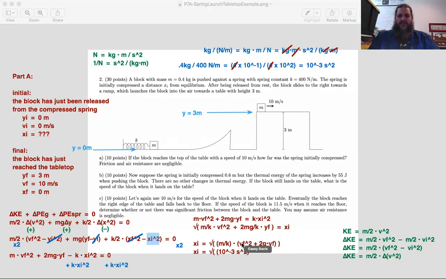What value can we use for V final here? Yeah, we know V final needs to be 10 meters per second. If we square that, what do we get? 100, and then what will the units be?